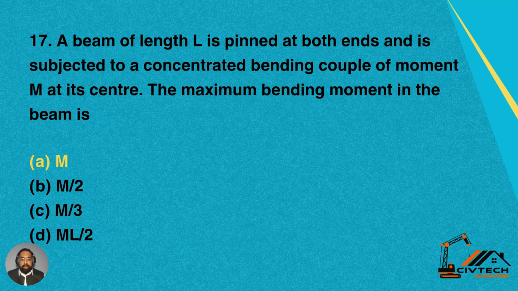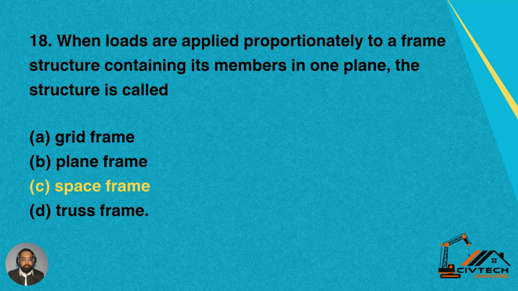So option A is the correct option. M is the bending moment. A beam of length L is pinned at both ends and is subjected to a concentrated bending couple of moment M at its center. The maximum bending moment is also M in that case. A is the correct answer for this question.